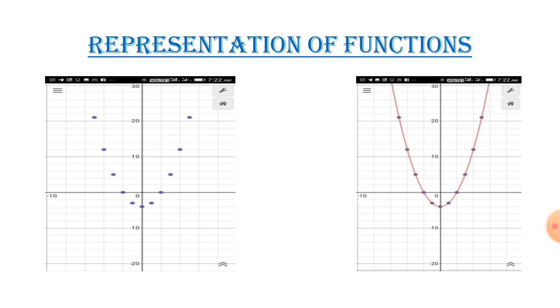You can see in the first image that all the points are plotted on the xy plane, and then all the points are connected by a smooth curve. You can see that in the second image. The curve is a parabola, open upward with vertex at 0, -4.